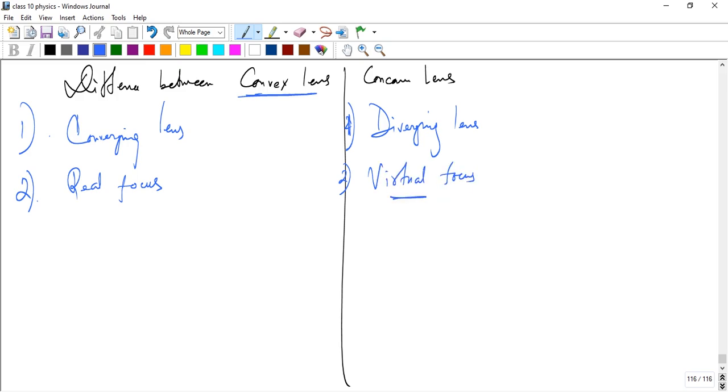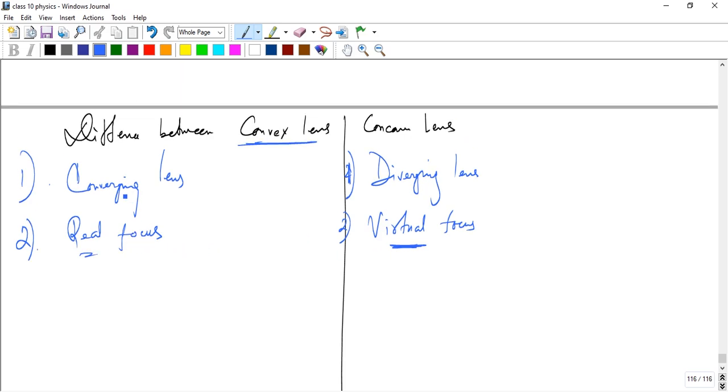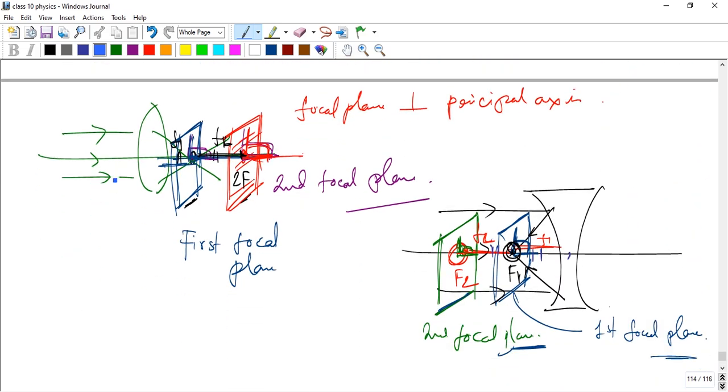So why these are called virtual and why these are real? Actually, it depends on the object. If you see there is an object and the focus point is behind the lens, the focus point is behind the lens. That's why these are called real. If I create an image for convex lens, it creates an image on the opposite side of the object, opposite side of the lens actually.